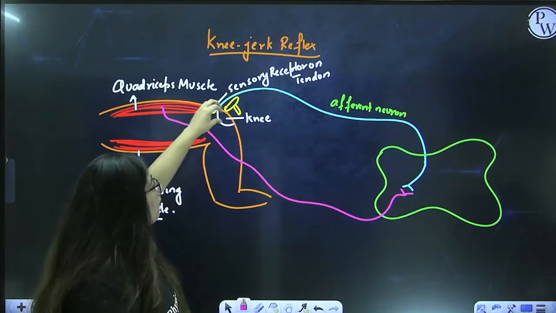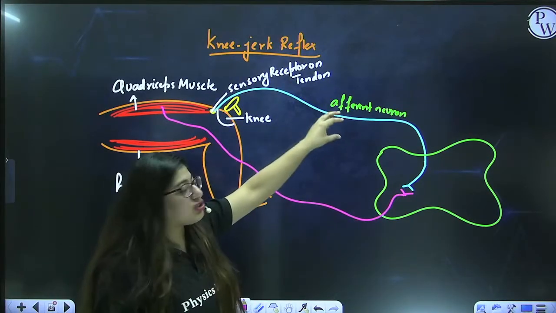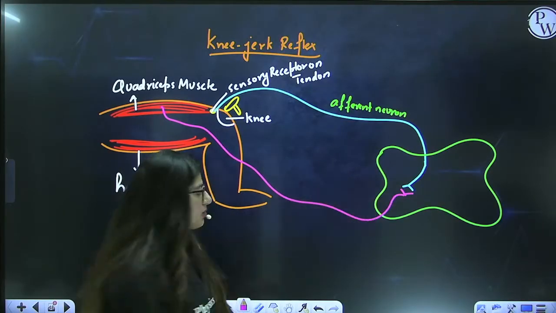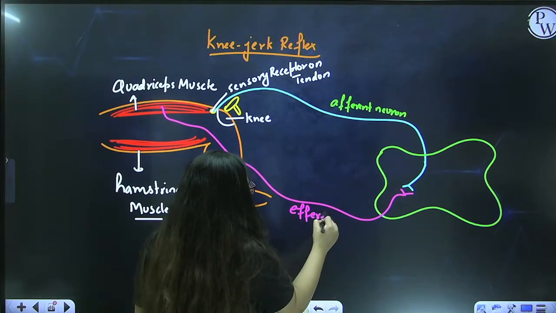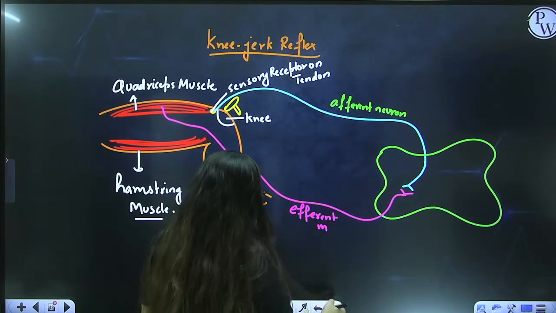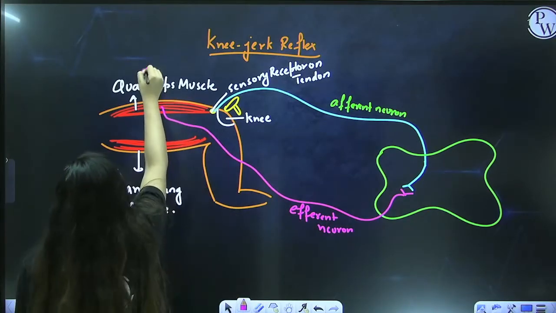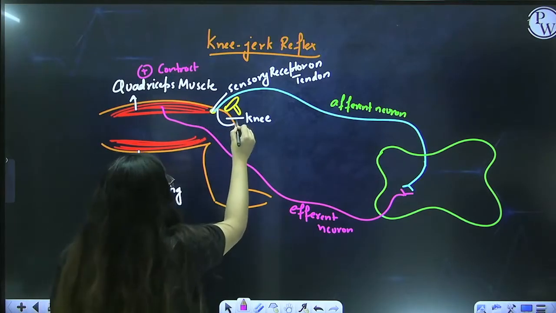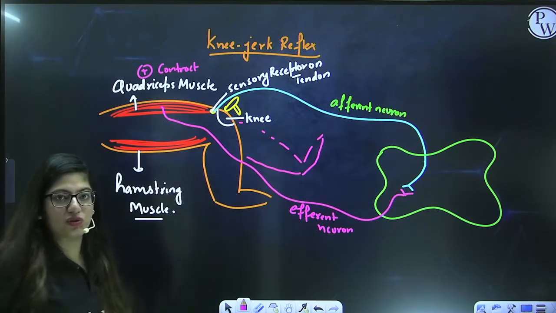So what happened? When they strike the hammer, the sensory receptors send information to the spinal cord via the afferent neuron. They form a synapse with this neuron, which is the efferent neuron, a motor neuron. And the motor neuron causes the contraction of the quadricep muscle. The quadricep muscles contract during the knee jerk reflex, and the leg will straighten up.